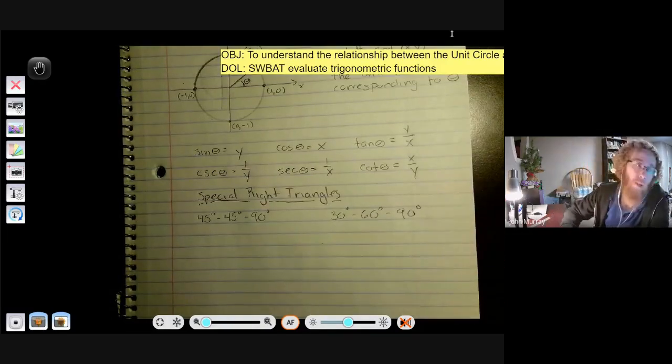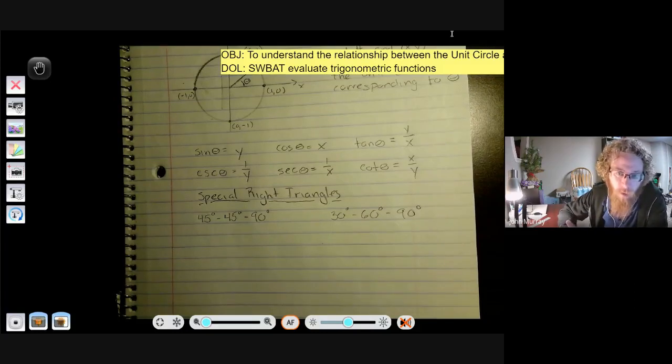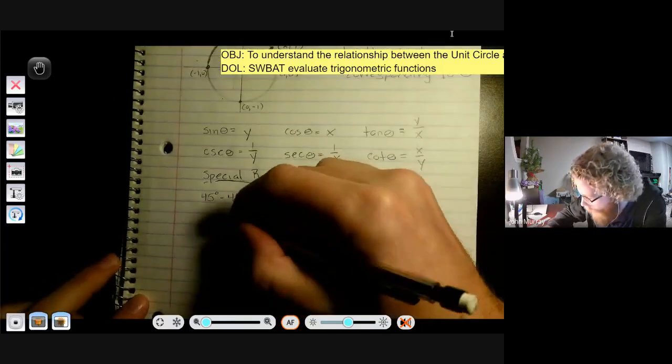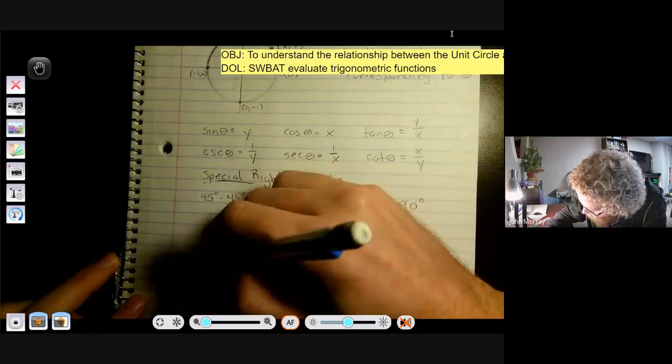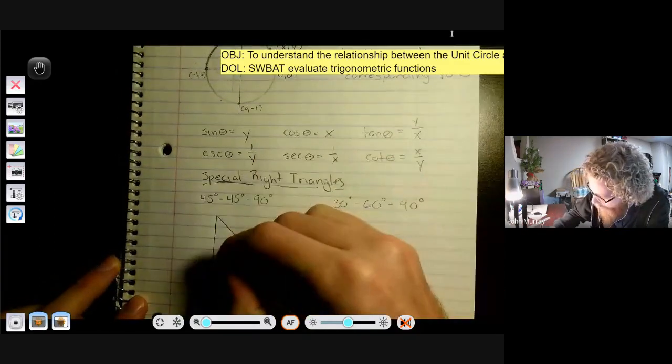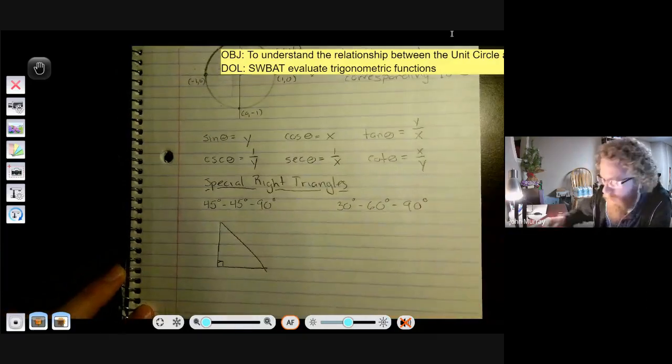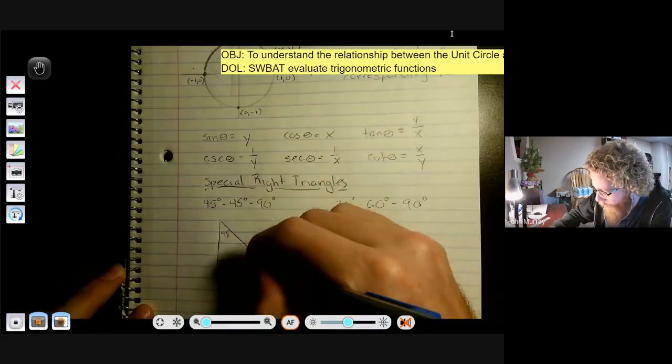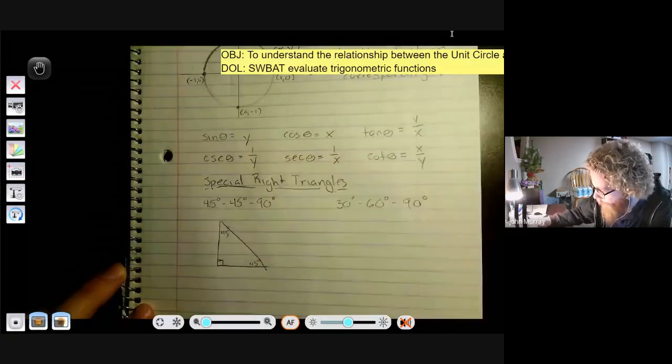There are 2 special right triangles. We classify them using 3 numbers, and those 3 numbers are the angles of the triangles. The first is an isosceles triangle of 45, 45, 90. Obviously you have the 90 degrees there, and both of these are 45 degrees.